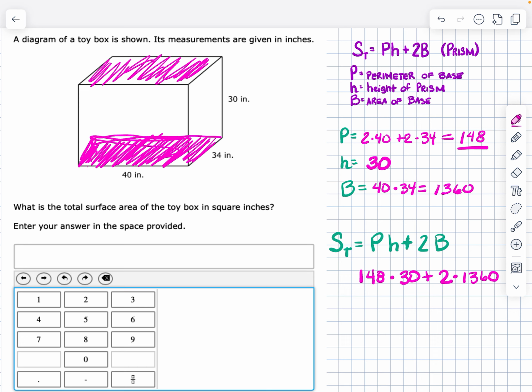Okay? 148 times 30 is, I don't know this off the top of my head, but I worked it out. And then 2 times 1,360 is 2,720. And now all we need to do is add these together to get our final total area.